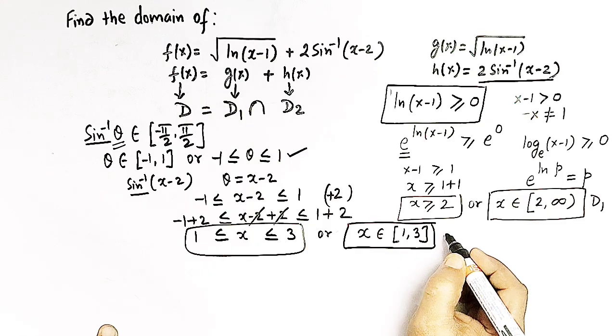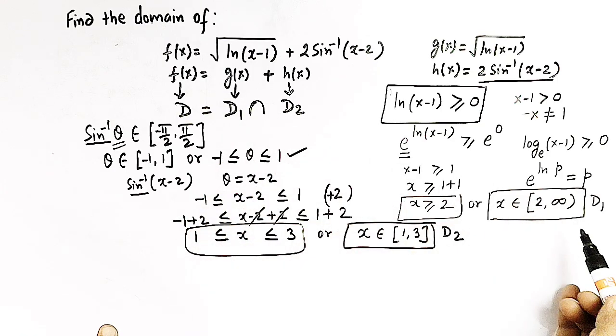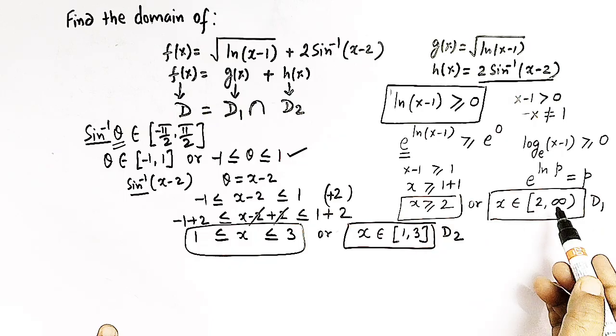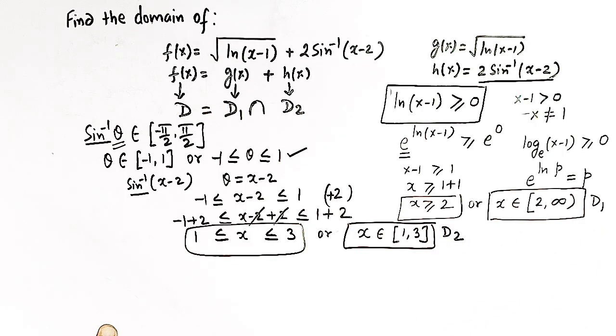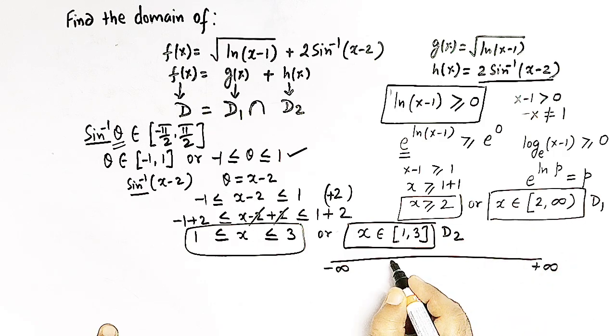So now we have the domains d1 and d2. So let us now represent these two domains on the real number line. So here we have the real number line, here we have minus infinity, here we have plus infinity, and here we have the point 1, here we have 2, and here we have 3.